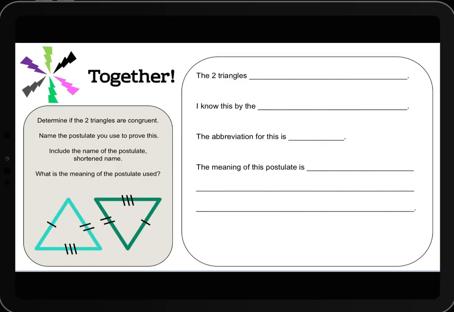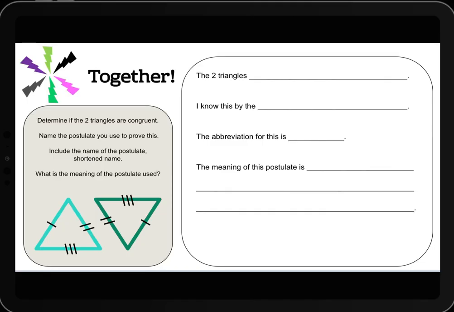Alrighty, so here we have two triangles, and we have to determine if the two triangles are congruent. We want to name the postulate you use to prove this, include the postulate's shortened name, that is the abbreviation, and then we want to talk about the meaning of the postulate, right?